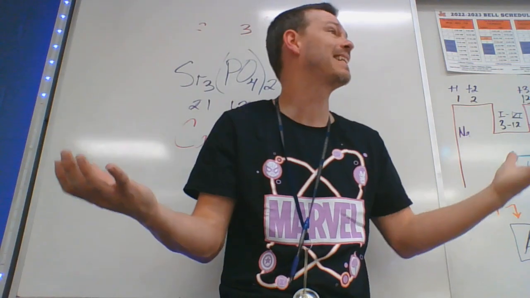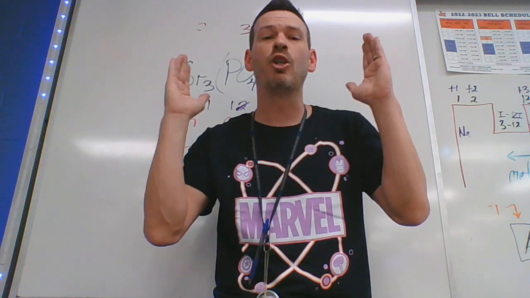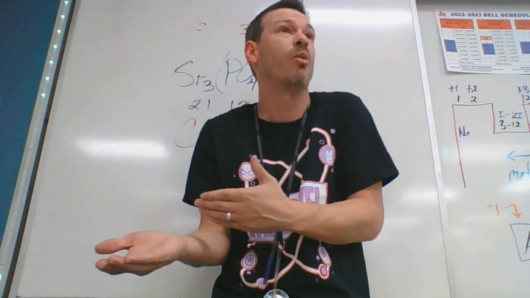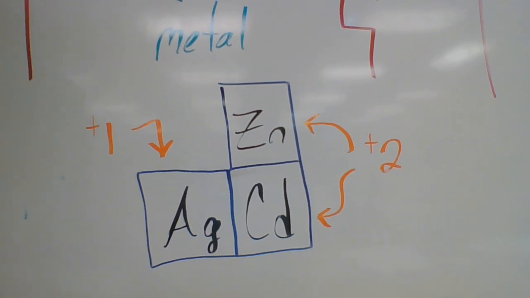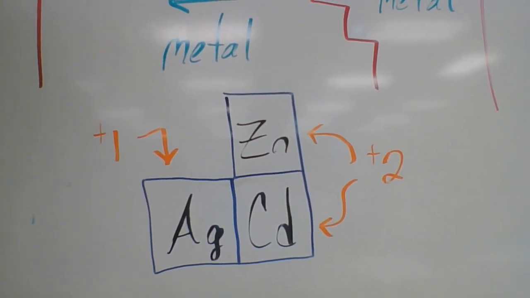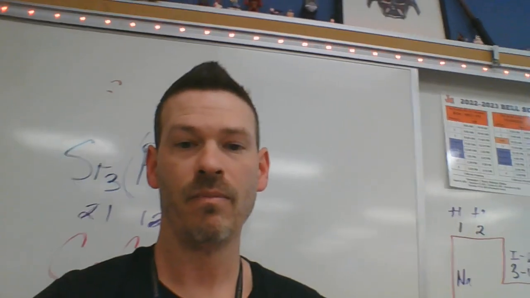Remember, the whole reason we use Roman numerals is because those central elements have multiple charges. If some don't, they wouldn't need Roman numerals. So it's these ones right here. Zinc, cadmium, and silver have a constant charge. Therefore, they don't get Roman numerals.